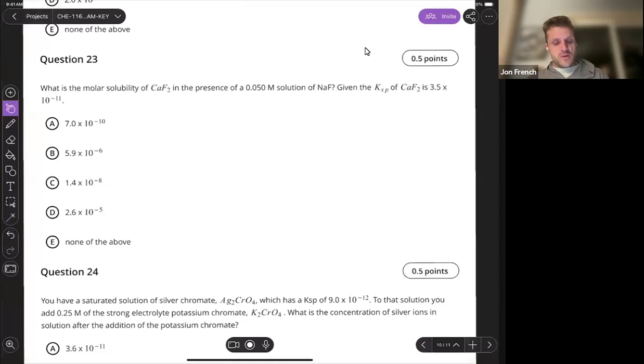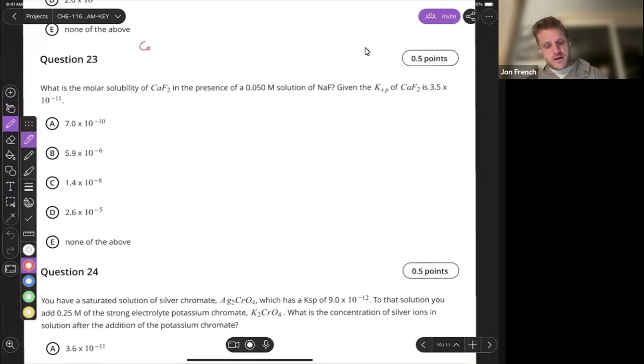All right, question 23, the molar solubility of calcium fluoride, right? We should start the same way. Calcium fluoride ionizes, gives me calcium 2 plus and 2 fluorides. And to that, I add sodium fluoride, the strong electrolyte.